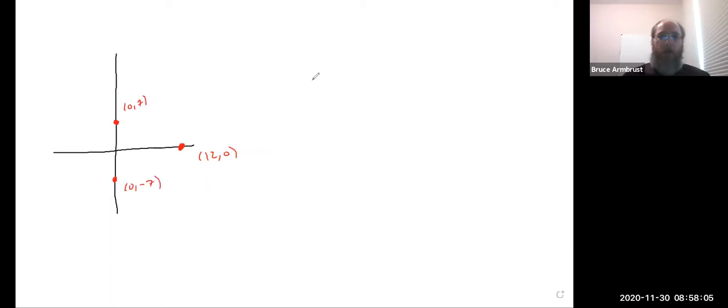Our goal is to run the cable so that at some location on the x-axis, we're going to split it and go to those two spots. This is going to be at (x, 0). All right, so is everybody good with the picture and the setup? What we're trying to do here?